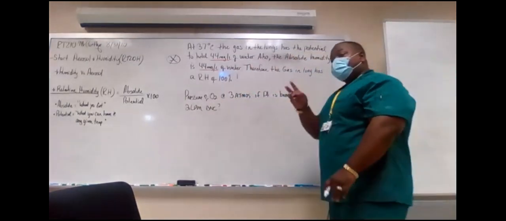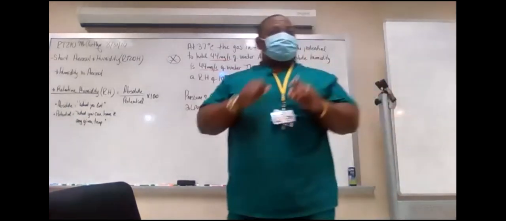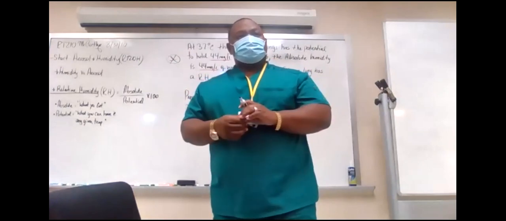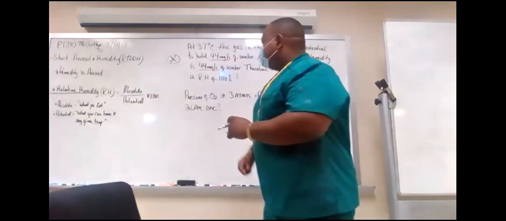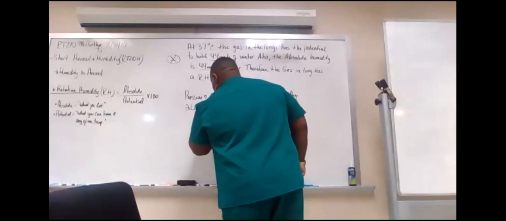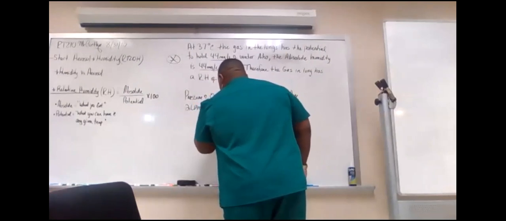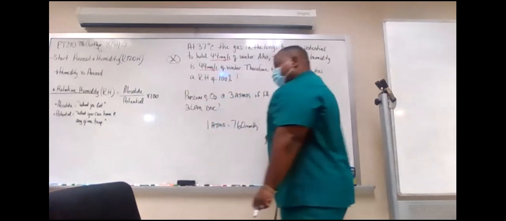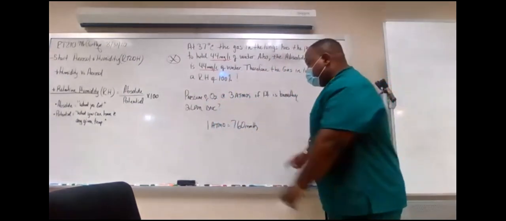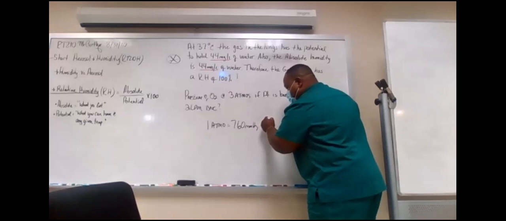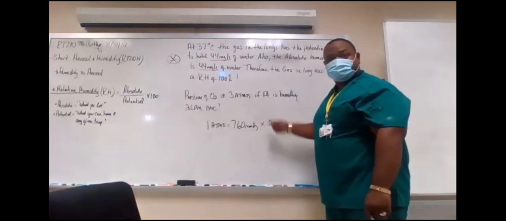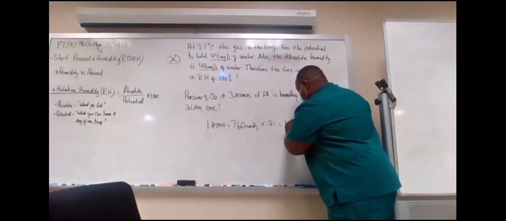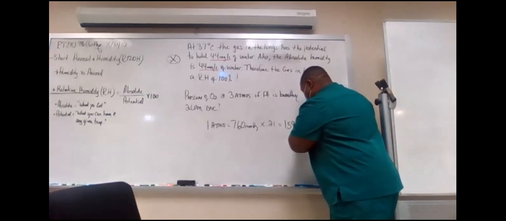Okay? Well, we found out that at 1 atmosphere, what's the barometric pressure at 1 atmosphere? 760. So 1 atmos is 760. All right? And so the pressure of oxygen would be 760 times 0.21, right? So 21% in the atmosphere, which gave us 159 millimeters of mercury.